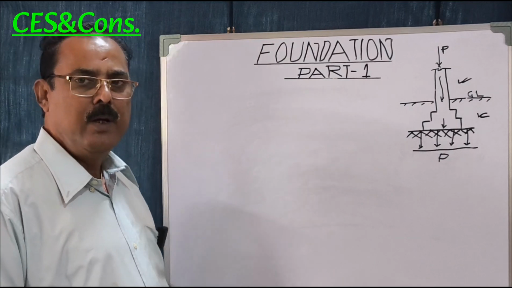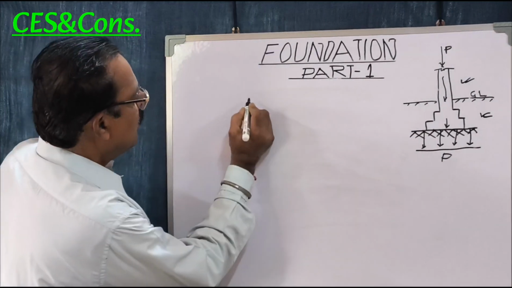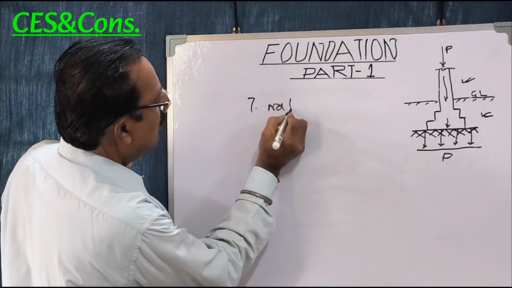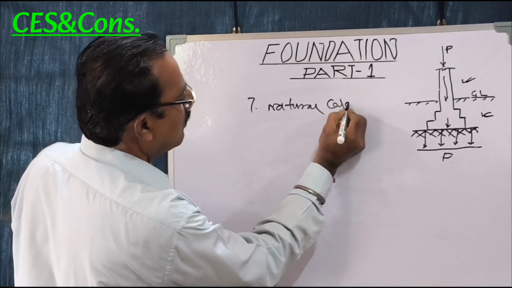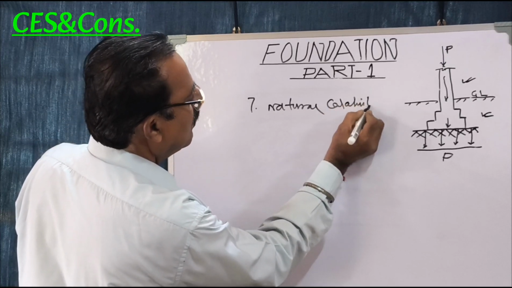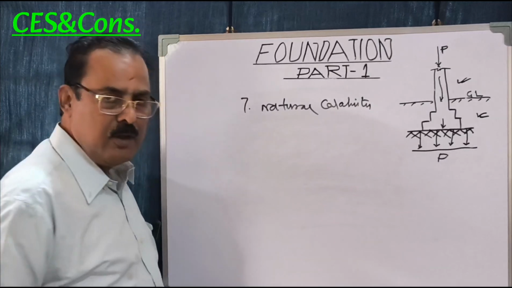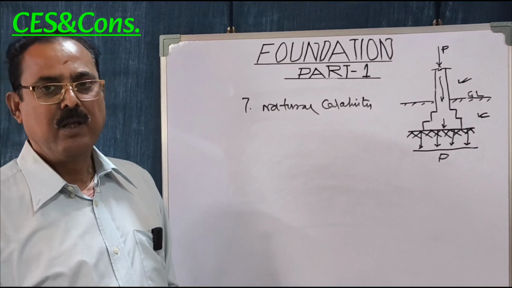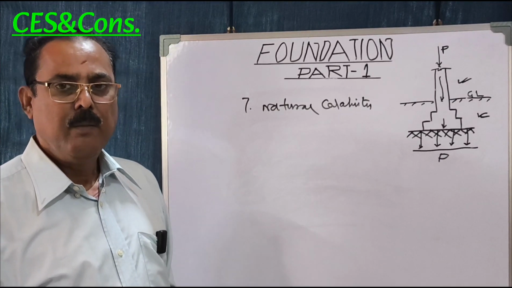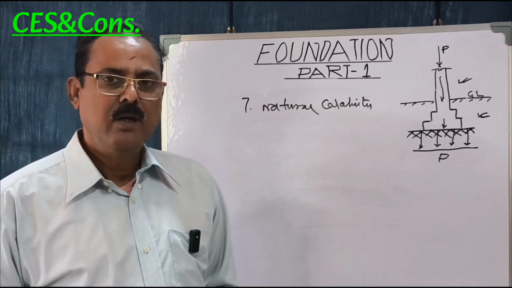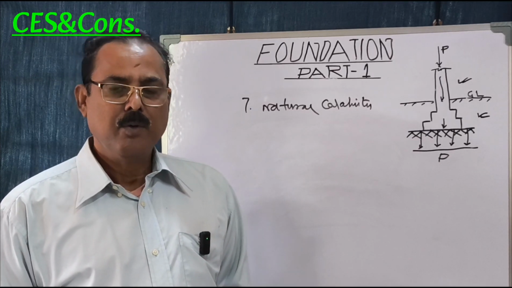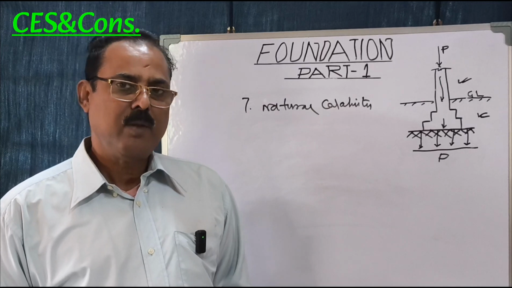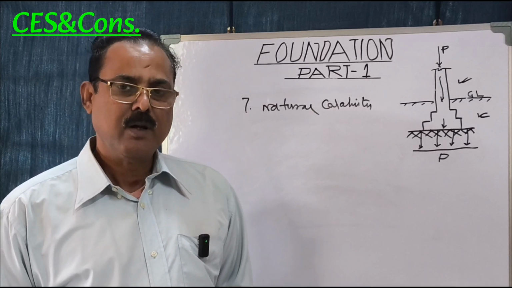Another point may be natural calamity or disaster. Excessive flood, excessive rain, and other natural activity may lead to the collapse of the building or foundation.